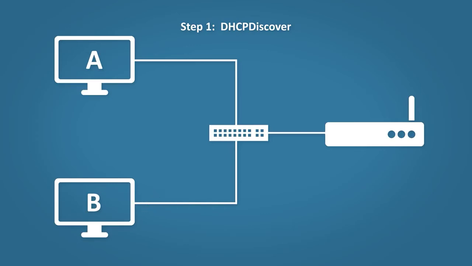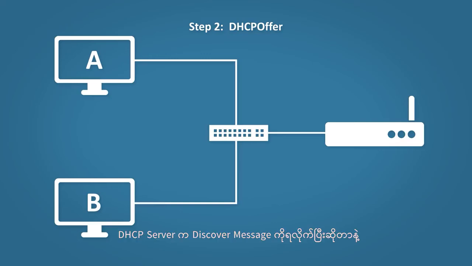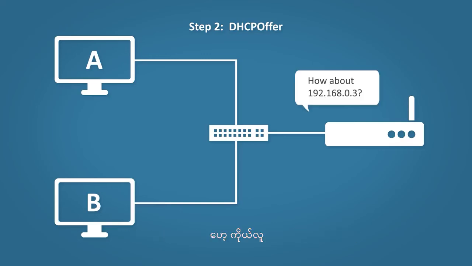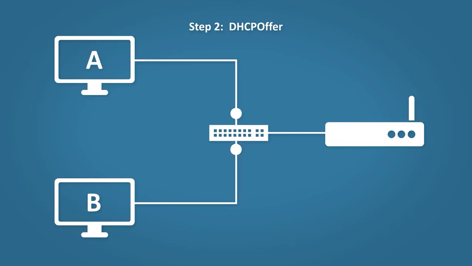This is step 1, called DHCP Discover. Step 2, DHCP Offer. When the DHCP server gets the message, it says, "Cool bro, I've got some IP addresses, how about this one?" It then sends the offer to the host. If more than one offer is given, the host will choose the first one it receives.